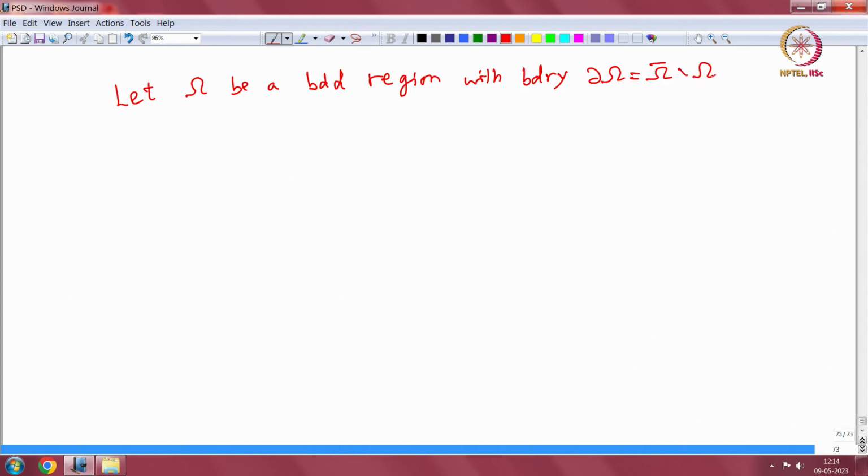Okay. And we are given a function f in the class Hm of omega, and we wish to seek an extension of f to a larger domain, and we have already seen the importance of such extensions.